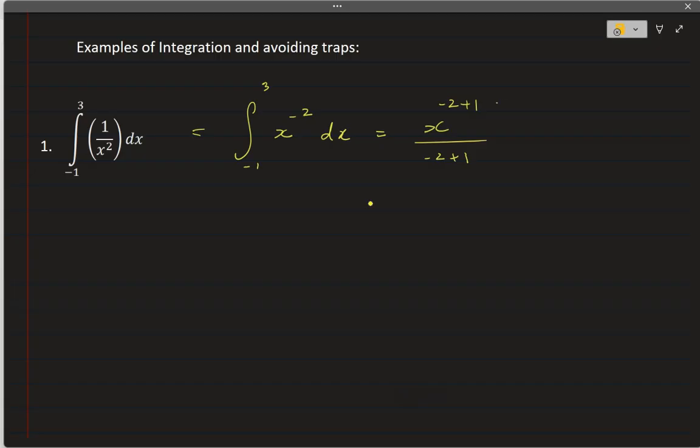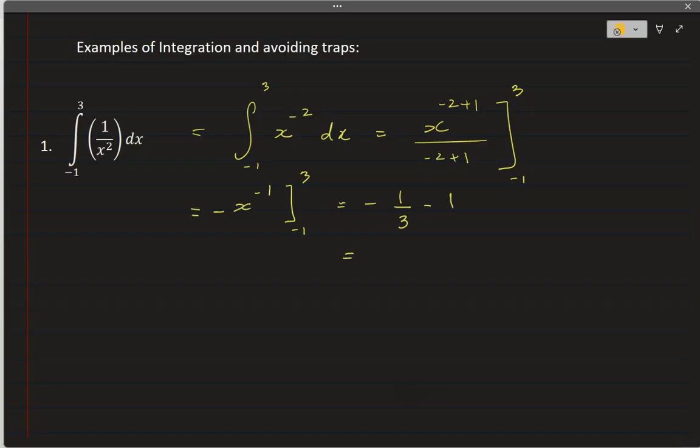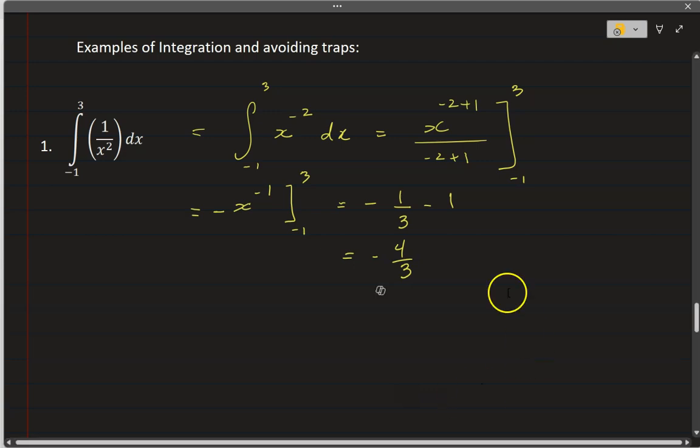And then we're going to evaluate that from negative 1 to 3. And when you do the math, you get negative 1/3, negative 1, which your final answer will end up being negative 4/3. Okay.